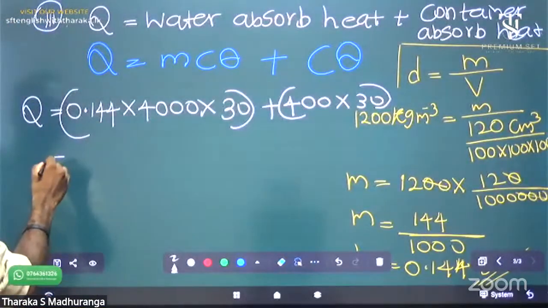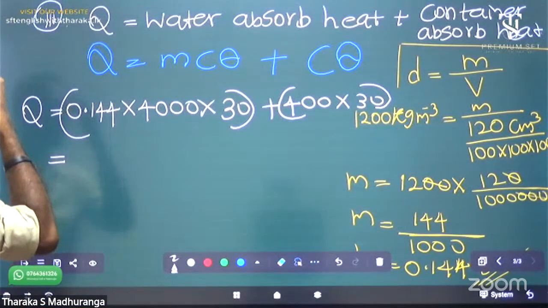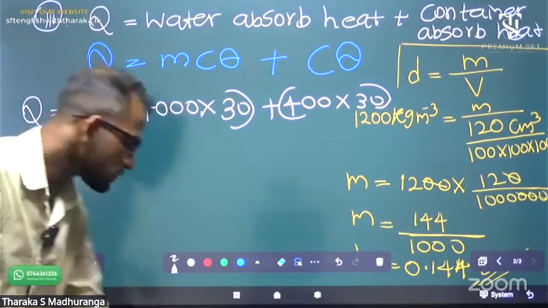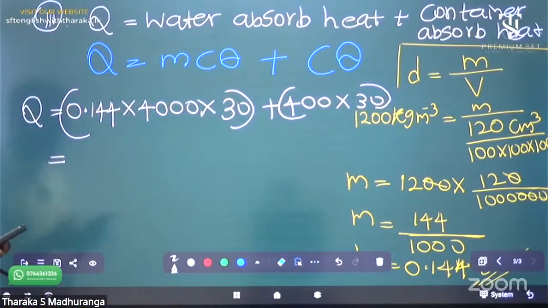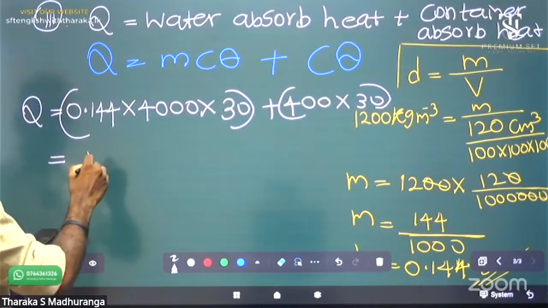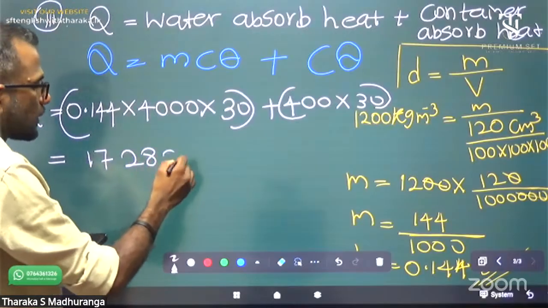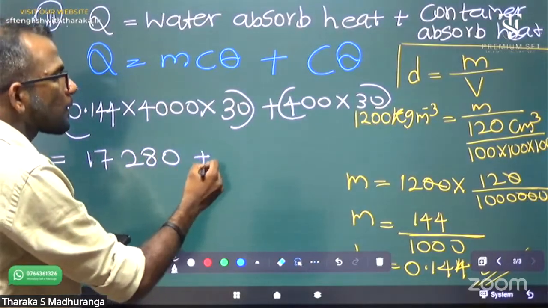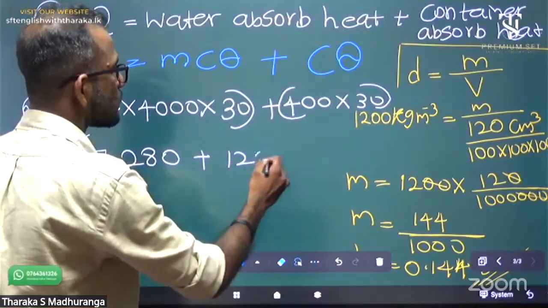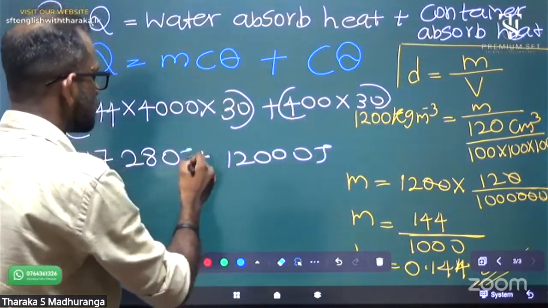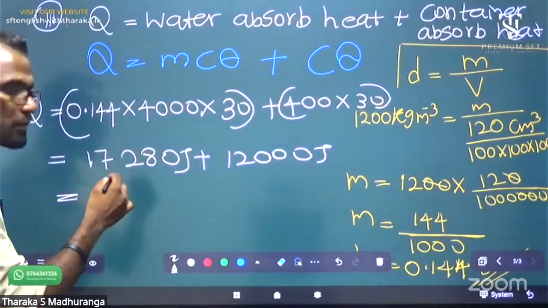Now you can get 144 into 4 into 30, 17,280, plus 12,000 joules. Okay, that's the total heat requirement.